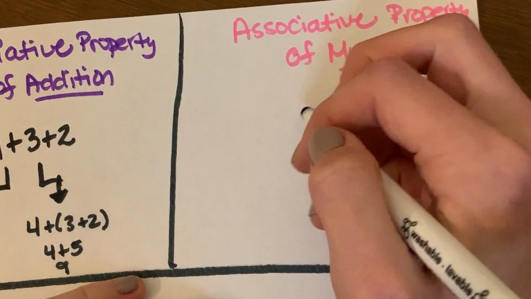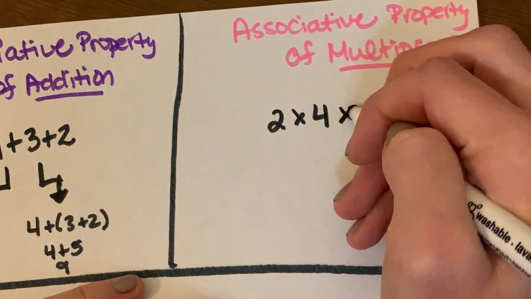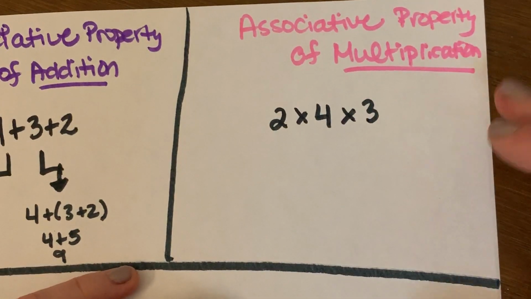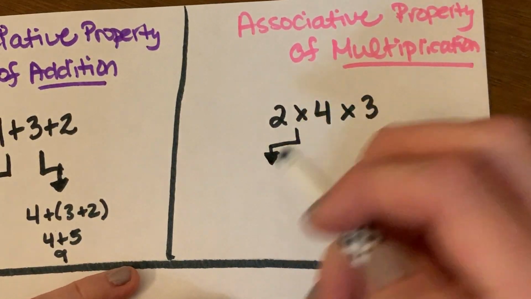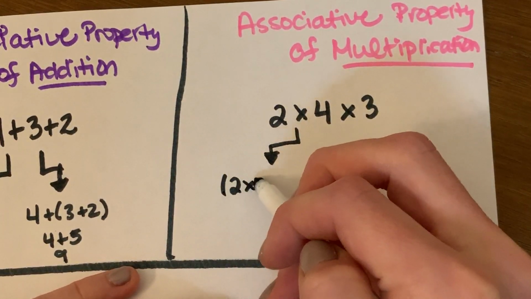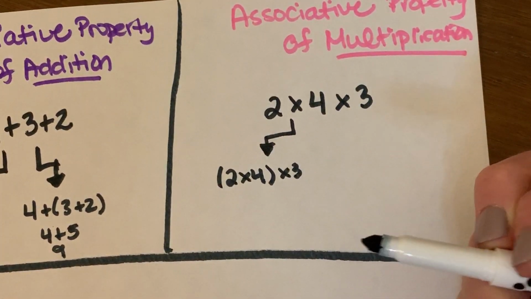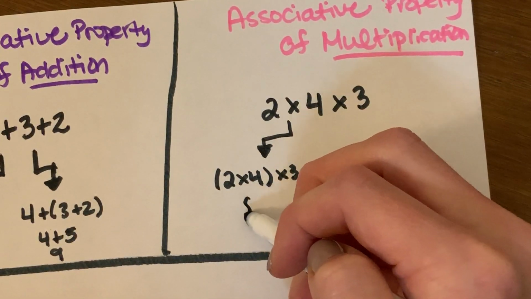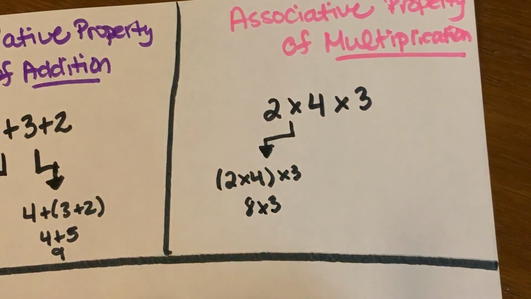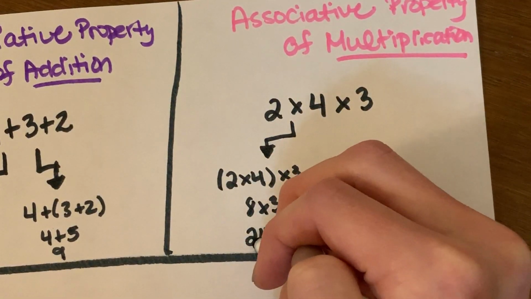So for example, say I have 2 times 4 times 3. I could go one route and multiply 2 times 4 together first, because maybe I think that's easier. So 2 times 4 gives me 8, and then I'm left with 8 times 3, which I know gives me 24.